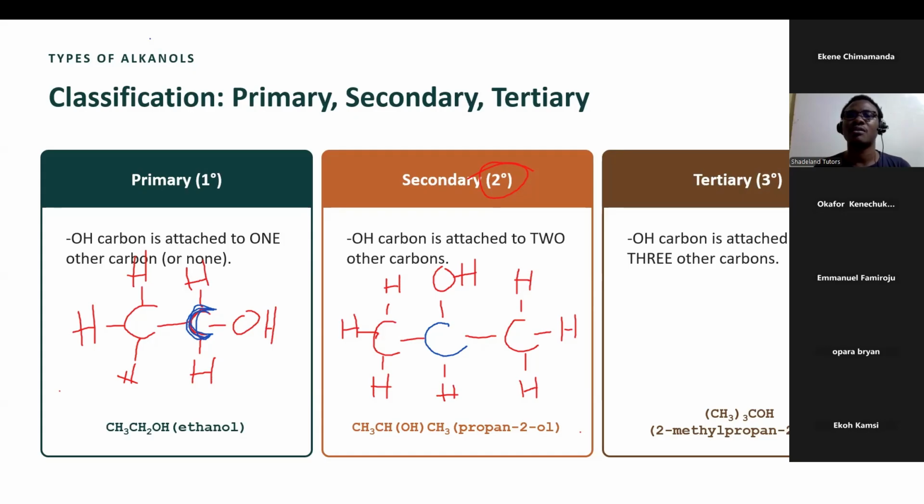What do you mean by two other carbons? Oh, very good. Can you see the carbon, the blue carbon there? Unmute yourself. Yes. Good. How many carbons are directly bonded to it? 2 carbons. That is what I mean. Oh, okay. Do you understand?